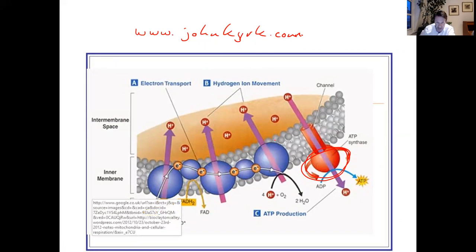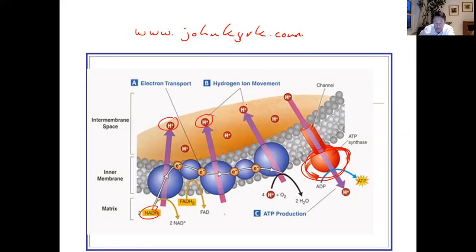Just a point to make about the NAD and the FAD. So the NAD is going to push 1, 2, 3 hydrogen ions through the membrane, whereas an FAD is only going to push 1, 2 hydrogen ions through the membrane.